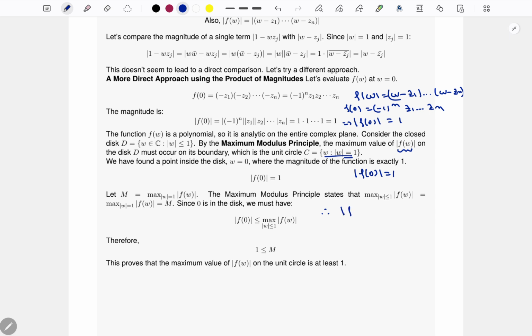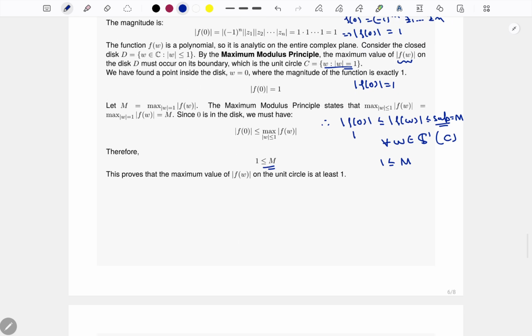Therefore, the modulus of f(0), which is 1, is less than or equal to the modulus of f(w) for some w on the unit circle C, and hence less than or equal to the supremum of all such values, which we denoted m. Therefore, 1 is clearly less than or equal to m. And that's exactly what we proved here.